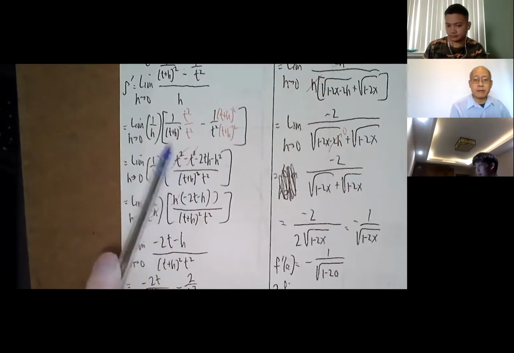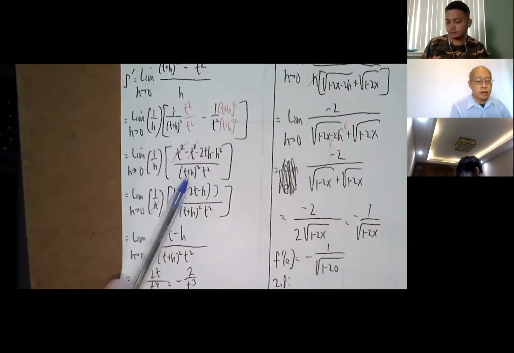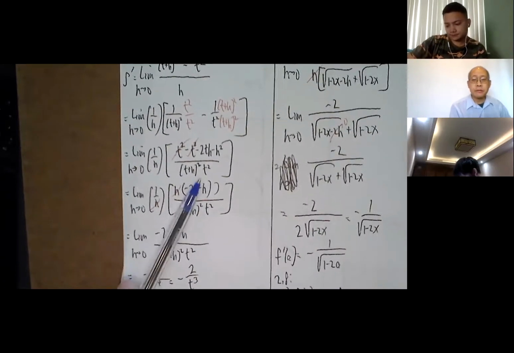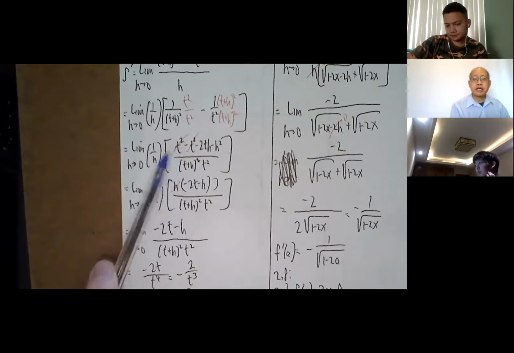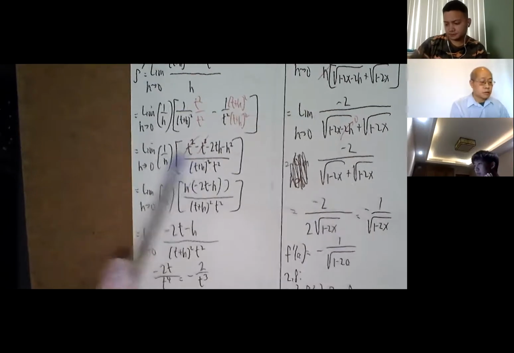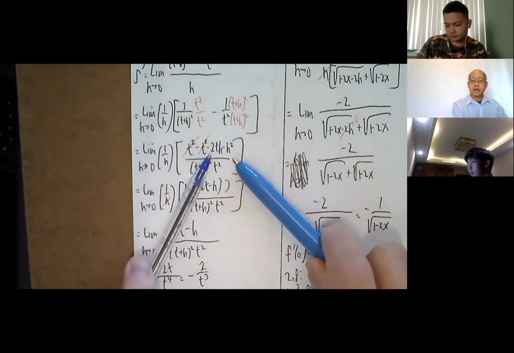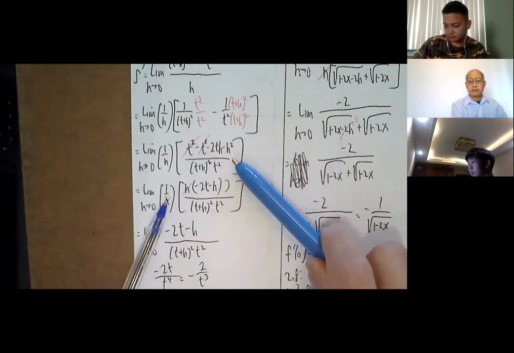And there's my common denominator, (t plus h) squared times t squared. Usually don't bother multiplying out the bottom. You don't have to. Notice the t squareds cancel out. So on top, I have these two. And what do these two have in common? H. Perfect. It's going to cancel that h on the bottom. A lot of problems work that way.